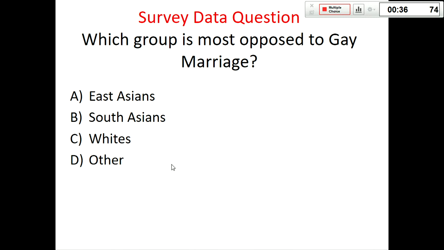Sorry about the others, I had to do that, because otherwise, if there weren't enough of them, it wouldn't protect people's privacy. So I grouped them together. So just guess, who do you think is most opposed to gay marriage? And then we'll look at our data and see if you think it's significant. And then we'll do the example in the book.